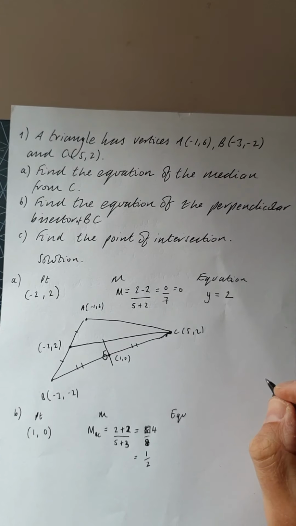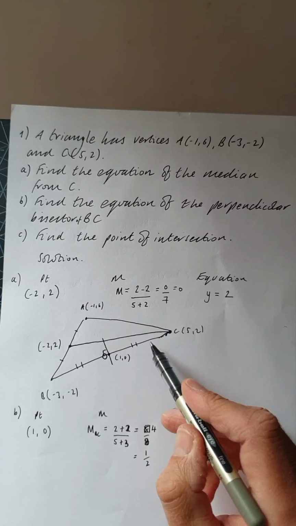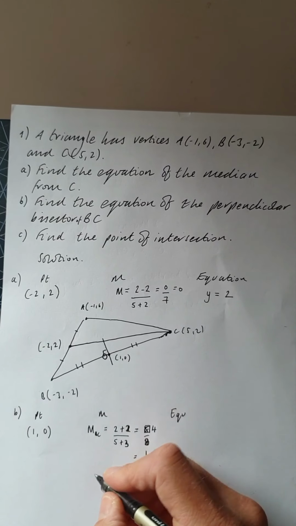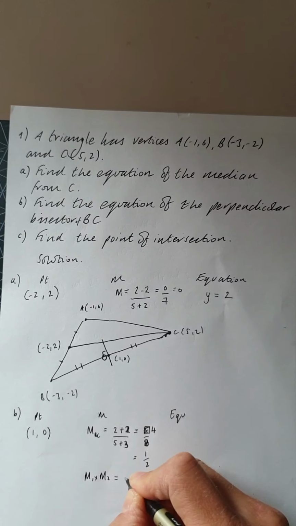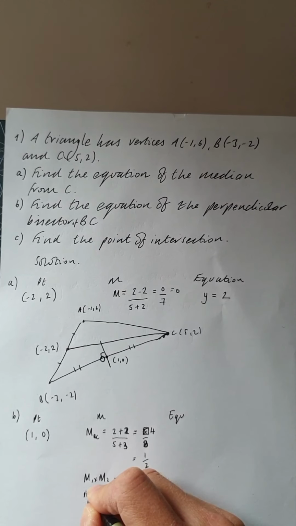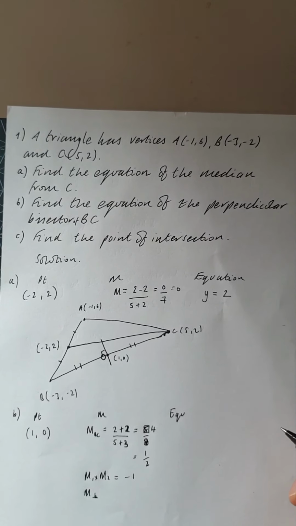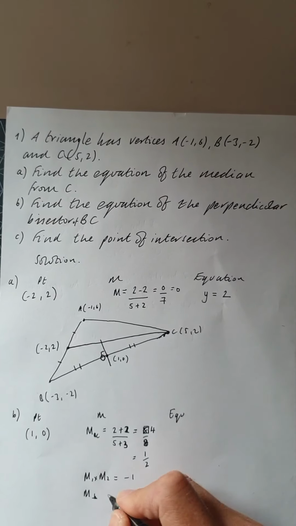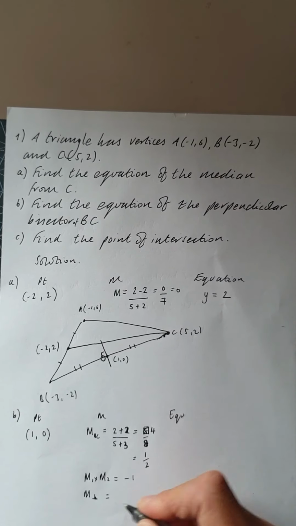Okay, so the equation, not quite at the stage where we can go to the equation. This is the gradient of BC. We want the gradient of the perpendicular bisector, so we're going to use m1 times m2 equals -1. So that means that the gradient of the perpendicular bisector, which we can just mark with that wee symbol, it's like a wee right angle. All I'm really doing is inverting that and then multiplying by -1.